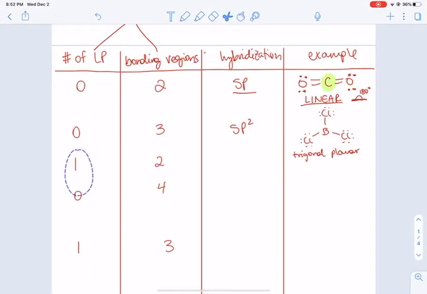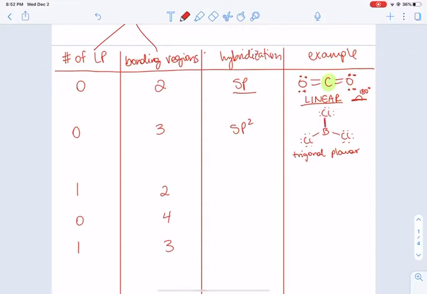So trigonal planar means that each of the chlorines and the boron are all in the same plane. So if I turn this molecule on its side, what it would look like is a flat disk. So here's a boron and a chlorine, right? So it would look like a flat disk. That's what I mean by planar.